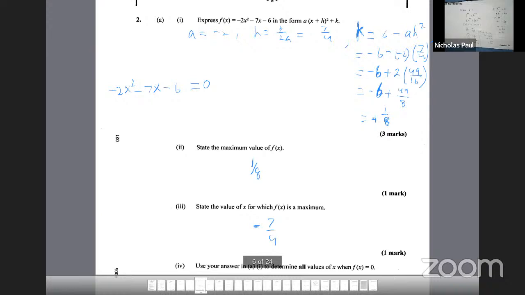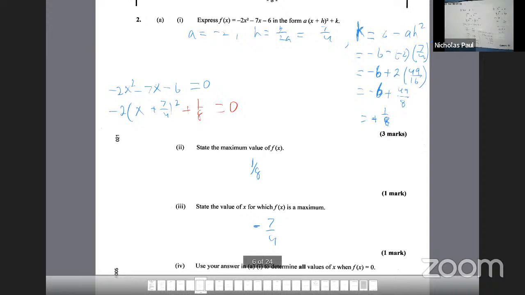So they want you to write it like this: -2 by (x plus 7 on 4) squared plus 1/8 is equal to 0. They don't want you to solve it like a normal quadratic. They want you to use part 1 and solve it.